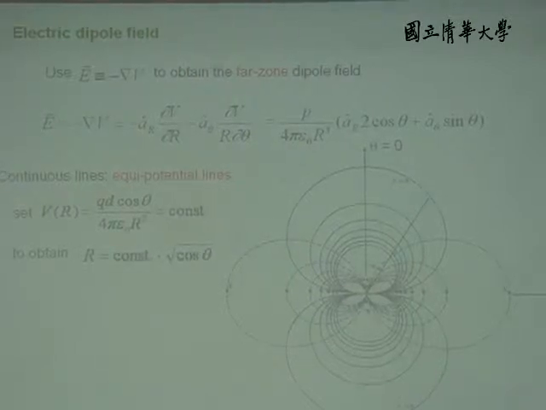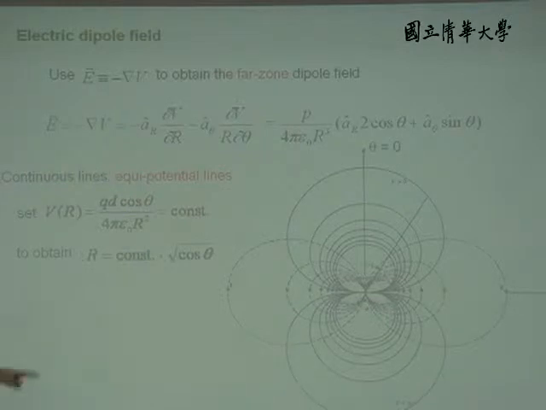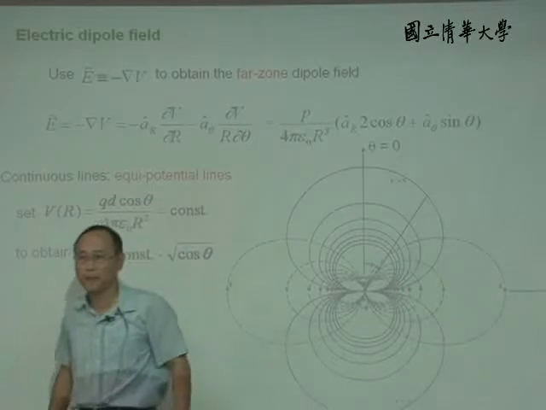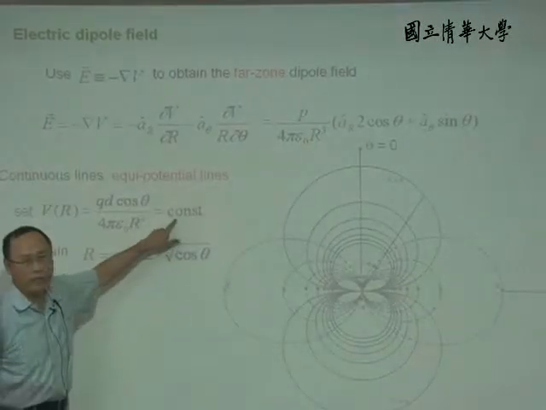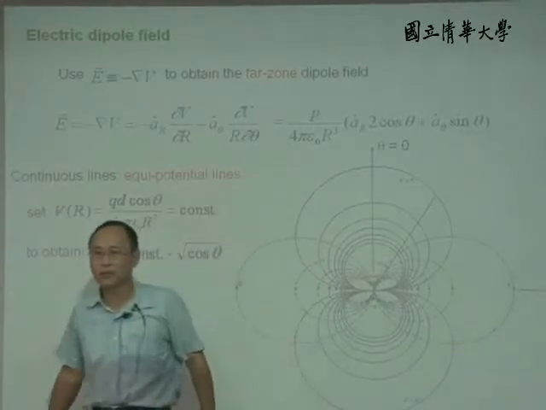The equipotential surface basically means setting your voltage to a constant. And then you find the dependence of R and theta. Now you can draw the equipotential line. The solid line is your equipotential line. If you set a different constant right here, you get different line.